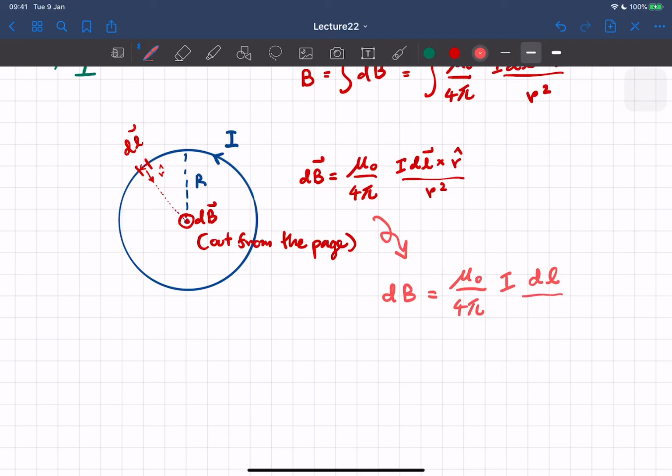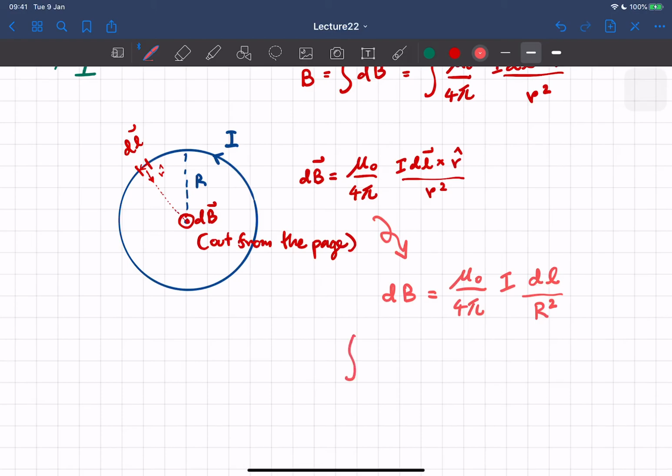What is r squared? R is the distance from this section of the wire to the center, and it's always going to be the radius of the loop. So it's always big R squared, which is a constant. So in other words, integrating this will be quite easy because there's nothing to integrate other than just dl here.